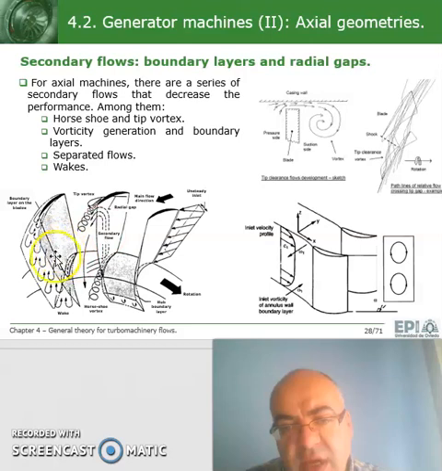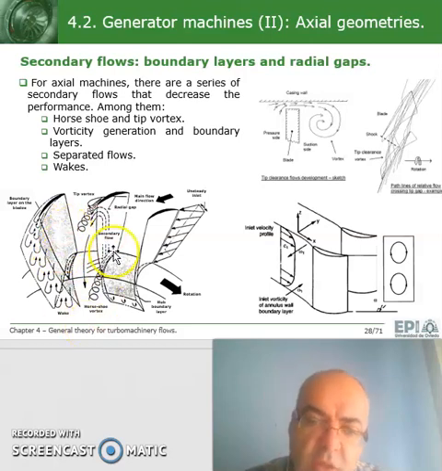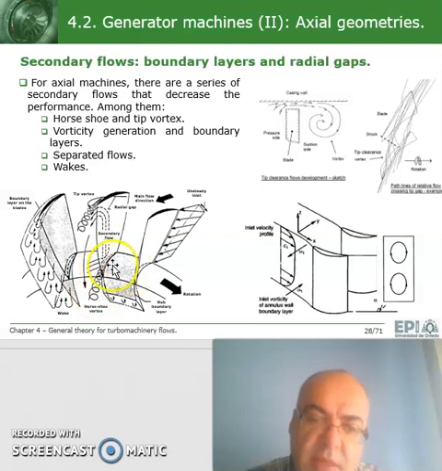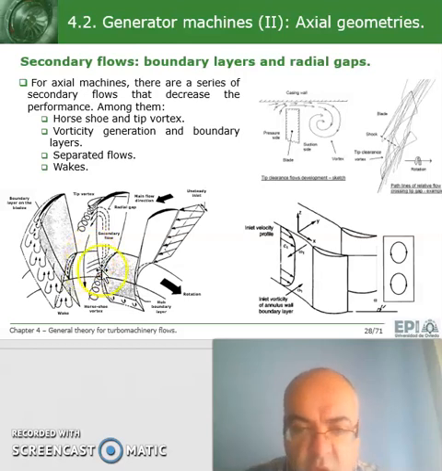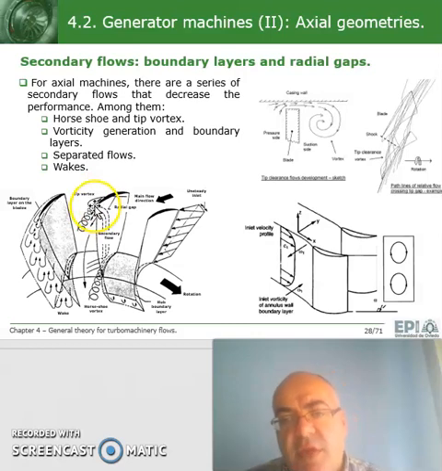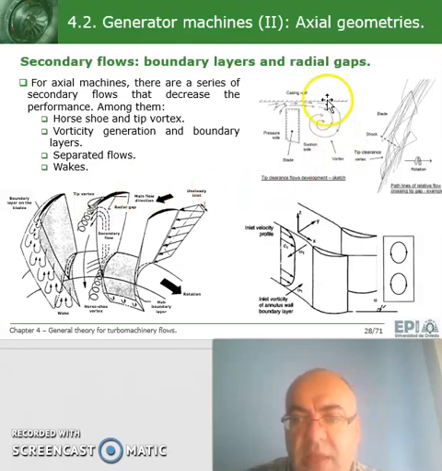We have the tip vortex here, we have the horseshoe vortex, which happens to occur here in the hub. Normally on the hub we have a corner flow here because we have the hub and also the blade as boundary conditions for the flow. So we have this kind of rotating path, right? At the tip we have the same. We have the gap, the radial gap from the tip to the casing, and this is the full picture, so you can have a look at it.